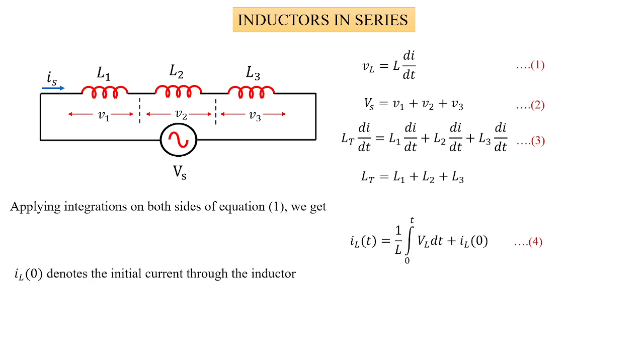From equation 4, IL of 0 denotes the initial current through the inductor, and if there is no initial current, then the equation can be changed to equation 5: IL of t equals 1 by L integration 0 to t VL dt. We will make use of this equation 5 for the parallel combination.